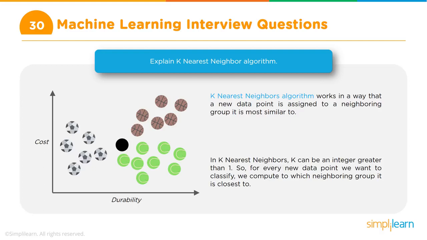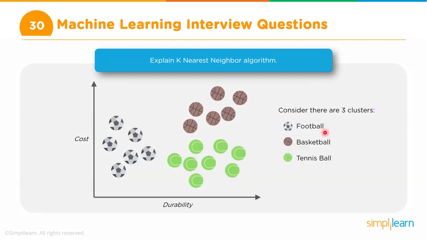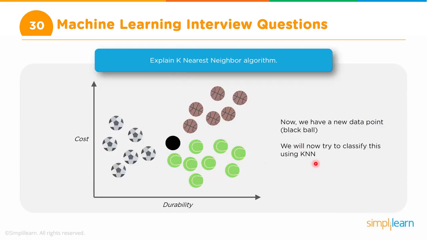Again, it will be very helpful to draw a diagram if you are explaining. I think that will be the best way. So draw some diagram like this, and let's say we have 3 clusters or 3 classes existing, and now for a new item that has come, you want to find out which class it belongs to, right? So as the name suggests, you go about finding the nearest neighbors, the points which are closest to this, and how many of them you find is defined by k.